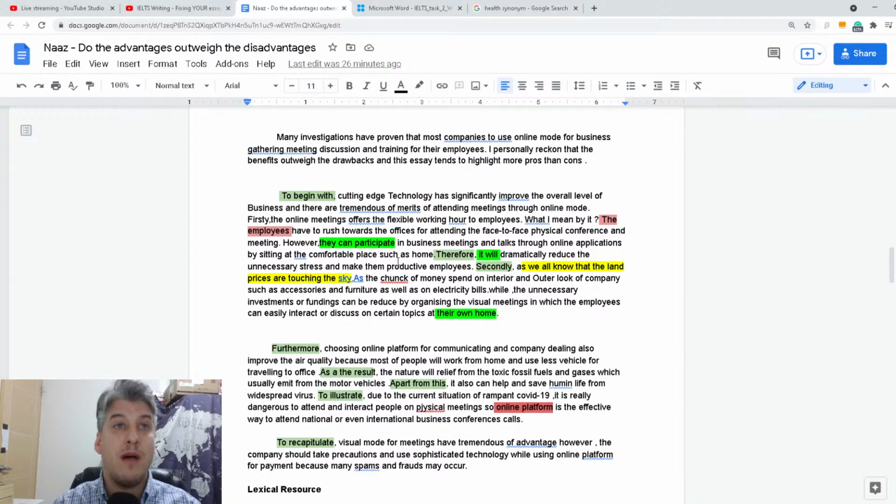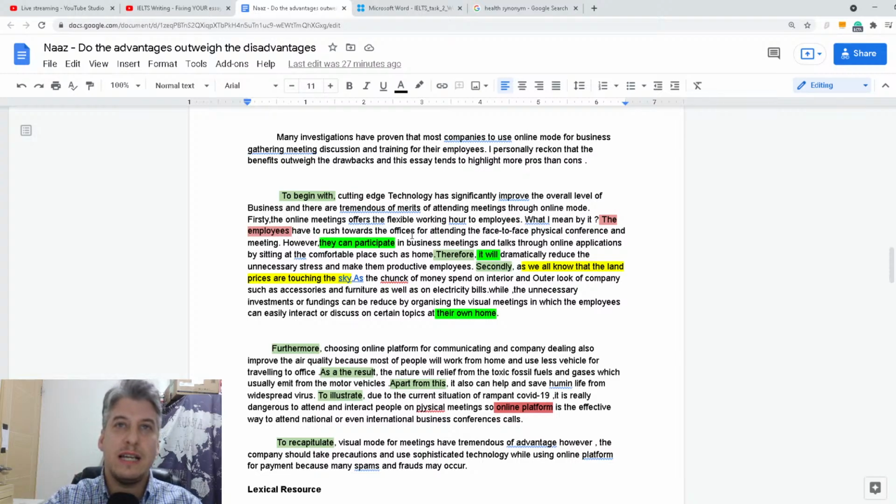And some other good things, I like how this is to do with what's called referencing. Okay, so I'll give you an example of good referencing and bad referencing here. If we look at this sentence that says, "Firstly, the online meetings offers the flexible working hours to employees." Okay, so we're talking about employees. "The employees have to rush towards the offices."